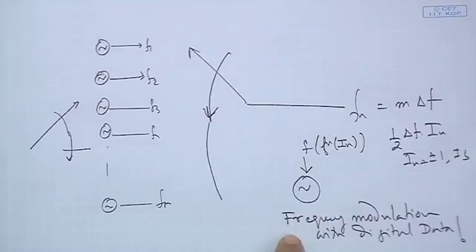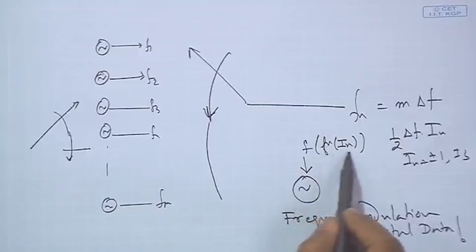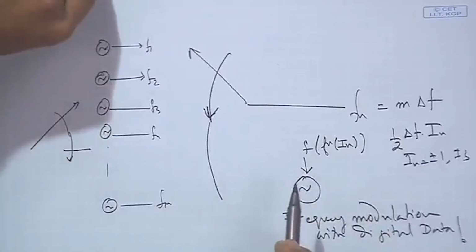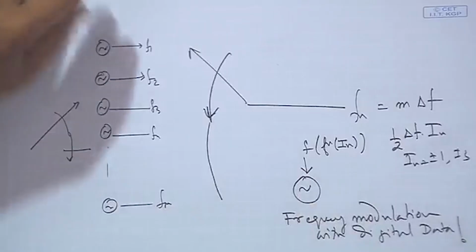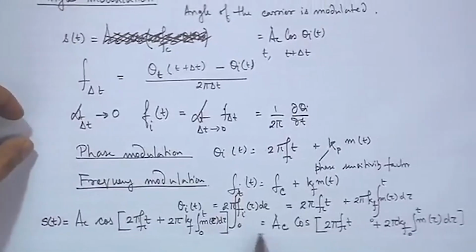The only thing I have to ensure is when I am maintaining an amplitude level, I have to maintain that for a certain duration of time, which is T. Now, that is exactly what we have done in the previous continuous phase frequency shift keying. We have chosen one oscillator and we have done frequency modulation of that oscillator. However, the input sequence was a digital sequence, right. So, we should remember that, and that is what we have actually expressed over here.